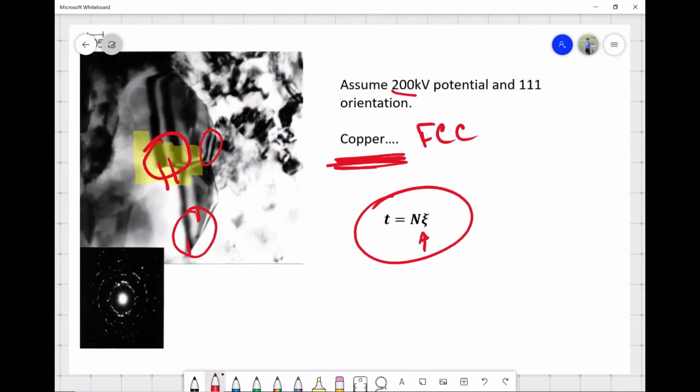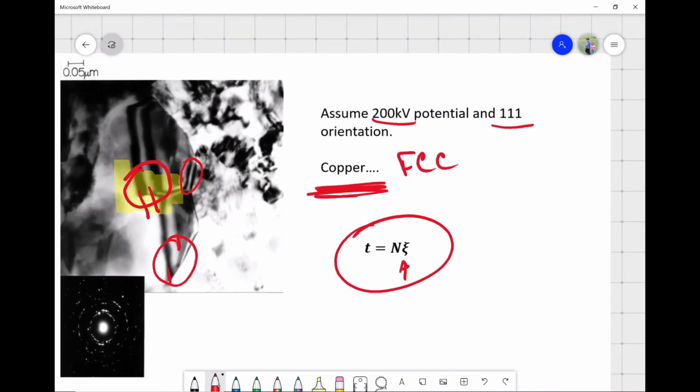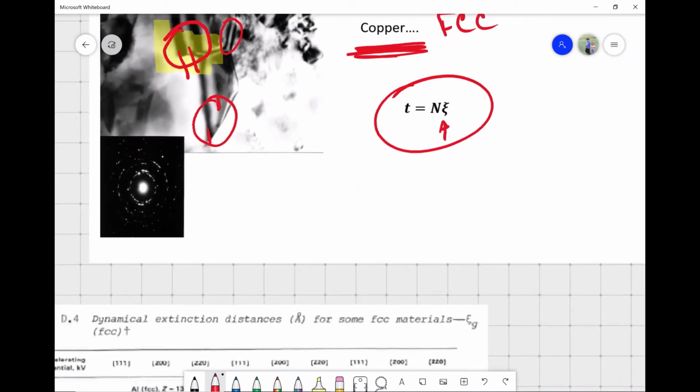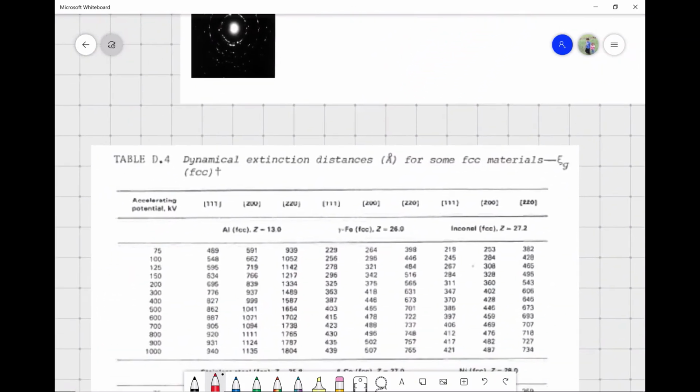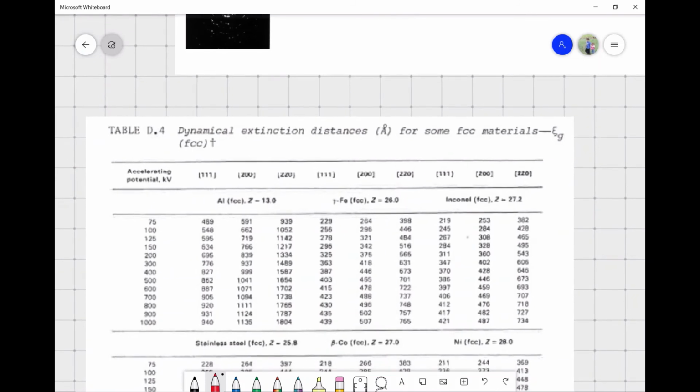We have 200 kilovolts, and we know it's a 111 orientation. So what we have here, and I'll post this table on Blackboard if I haven't already, is a table of dynamic extinction distances, and it's in angstroms, so we're going to get units out of this.